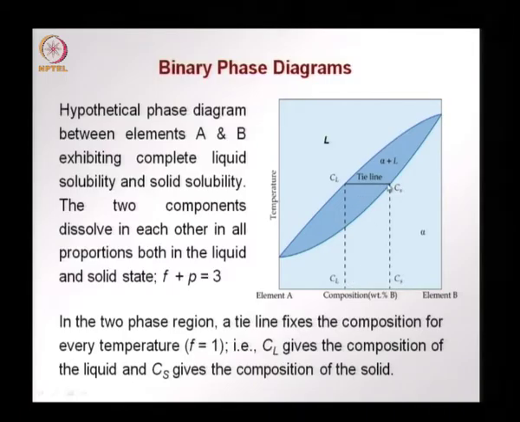The other edge bordering the alpha phase region, that is the solid phase region, Cs, is the composition at the point where the tie line meets the border between these two regions, and gives the composition of the solid phase. So, at this temperature within this region, the composition of the liquid phase is given by Cl and the solid phase is given by Cs.